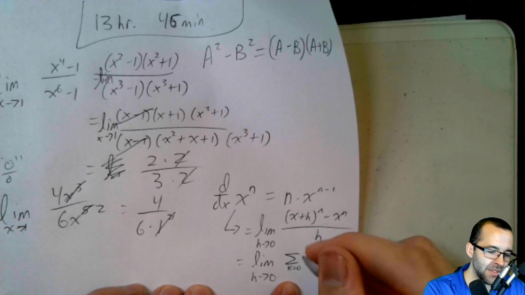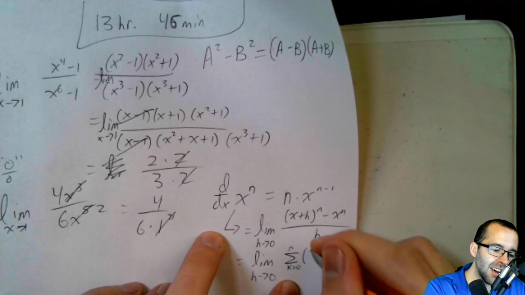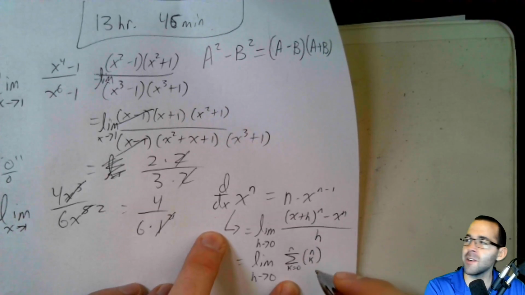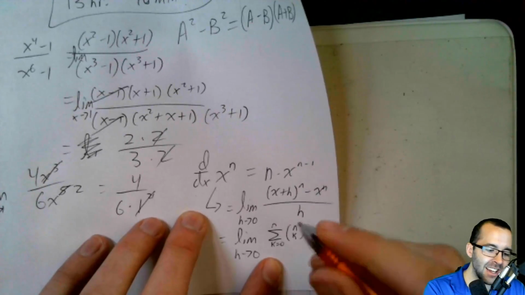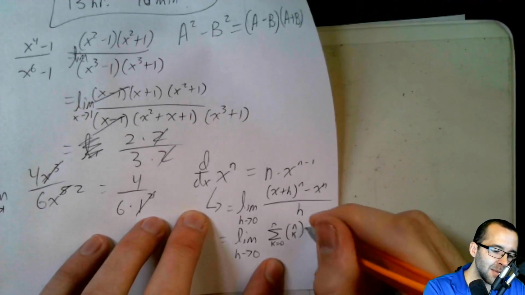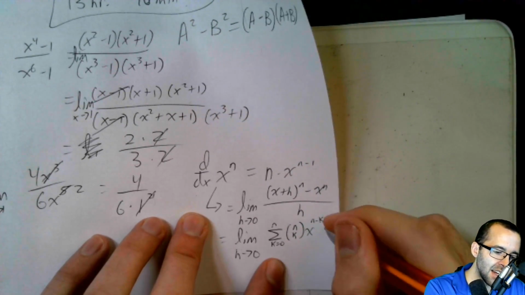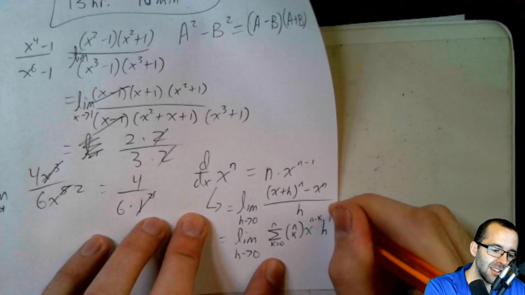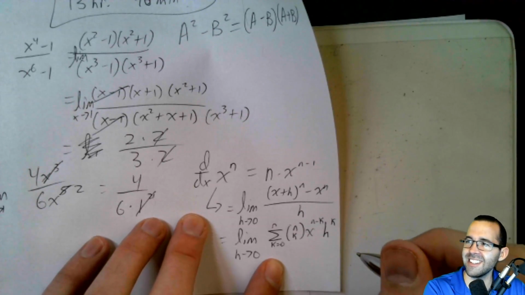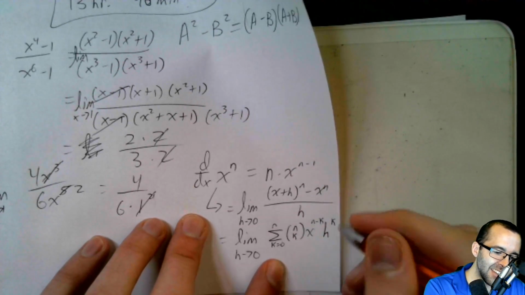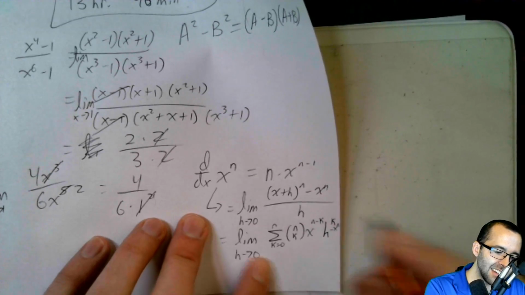Let me double check. Yeah, to n of n choose k, and you want to remember combinations from probability? n choose k times x to the n minus k times h to the k. Oh, we don't have enough room to write this. All right, and we still have a minus x to the n.